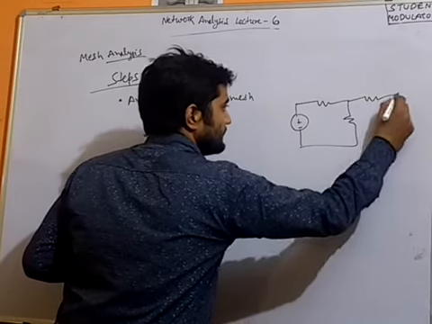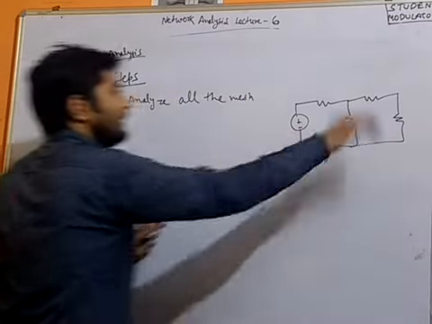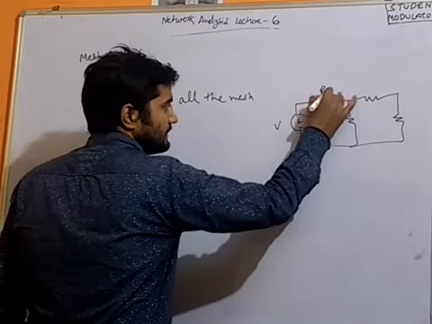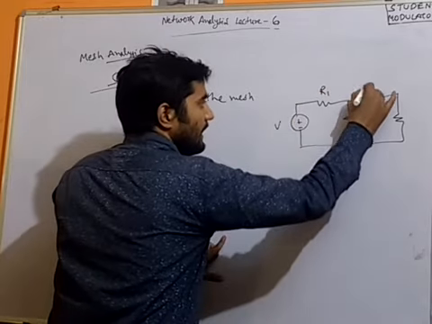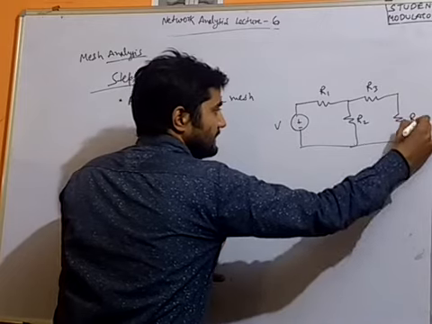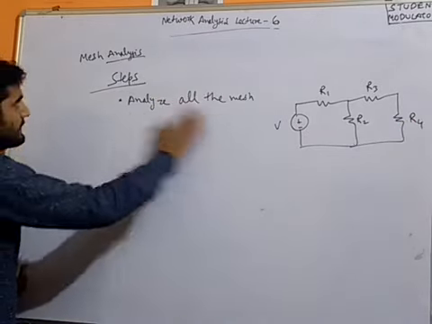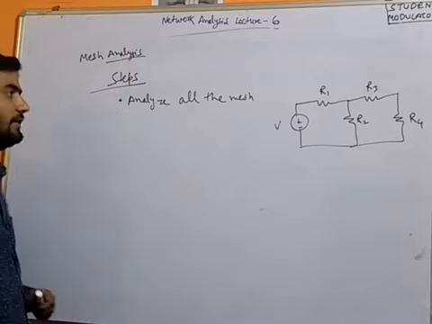This is a voltage source, and these are resistances R1, R2, R3 and R4. Now, the first step in mesh analysis is to analyze all the meshes.